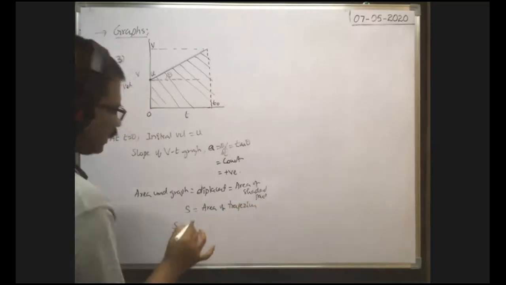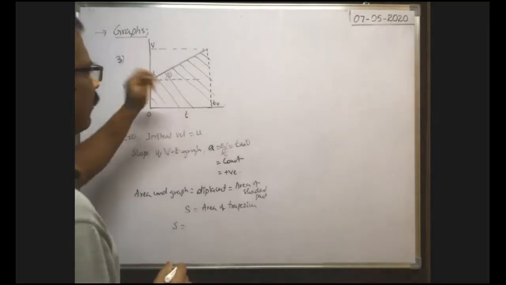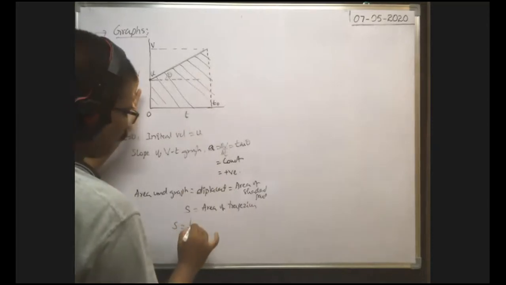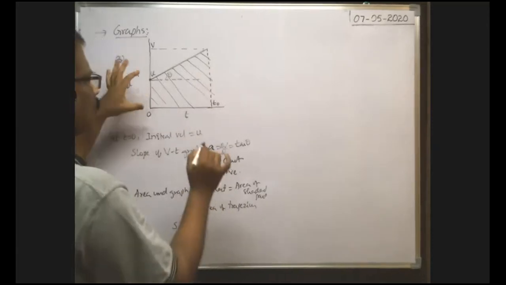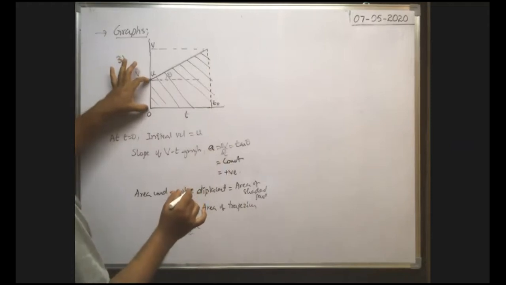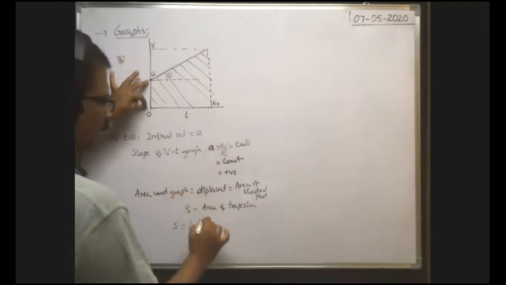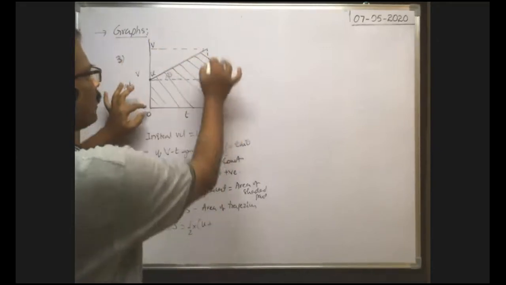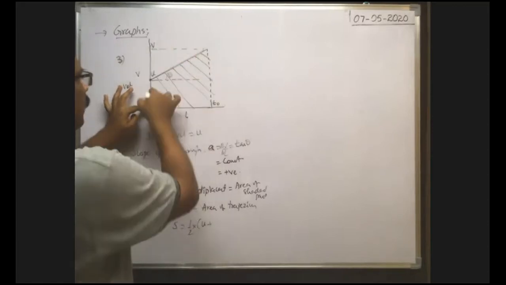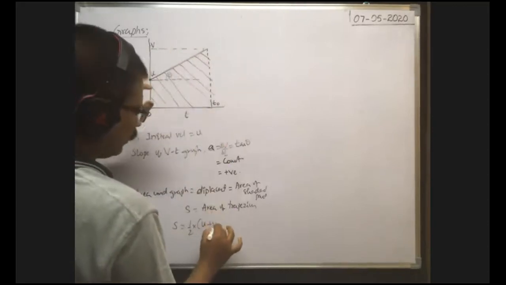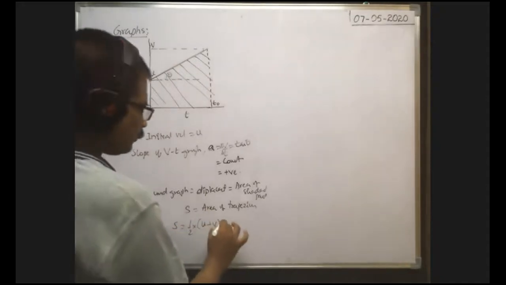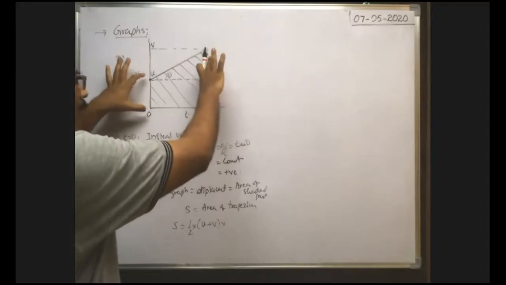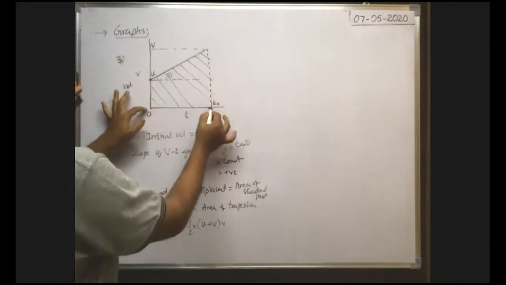Therefore displacement S is equal to the area of the trapezium. Tell me, what is the area of the trapezium? These are the two parallel sides. So half into the sum of the lengths of the two parallel sides. This side has length U, and this side has length V. So U plus V, into the perpendicular distance between the two parallel sides, which is T naught.